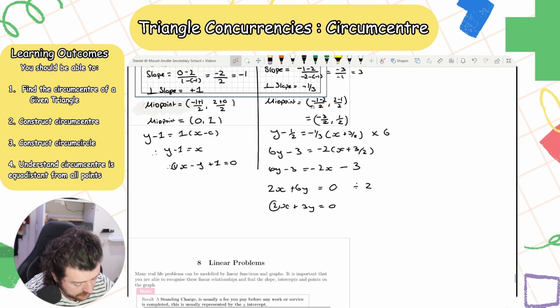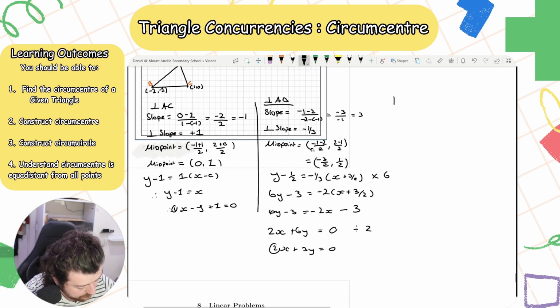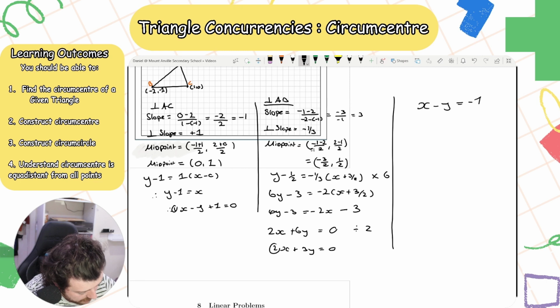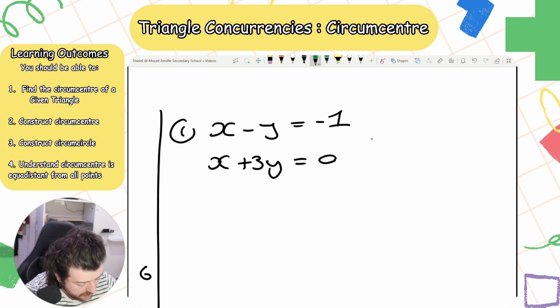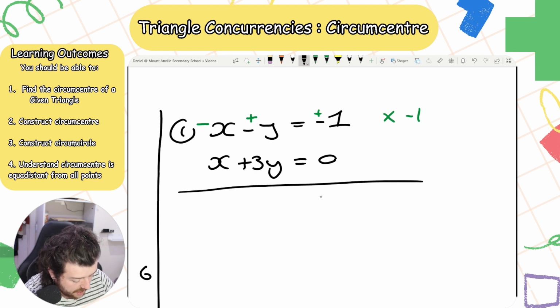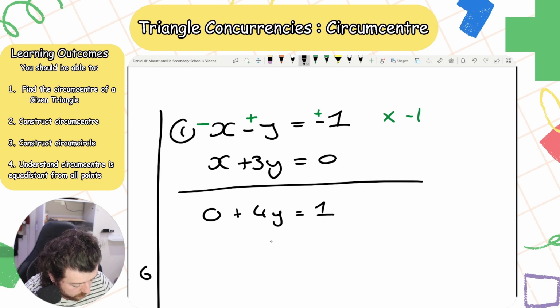So now I have my two equations. Now we solve them simultaneously. So I have x minus y equals minus 1, and I have x plus 3y equals 0. So I'm going to multiply the top here by minus 1. That's going to be minus x plus y equals 1. So I'm going to have 0 plus 4y equals 1.